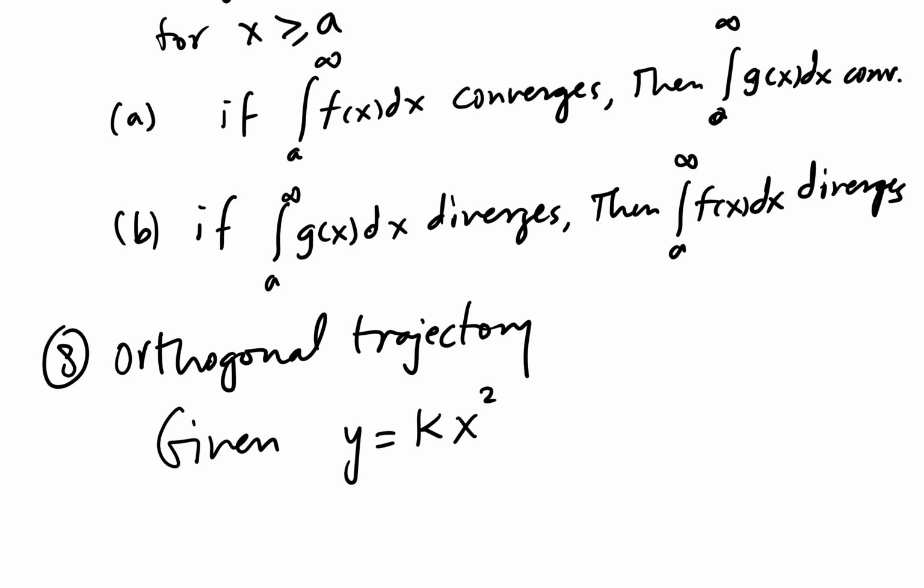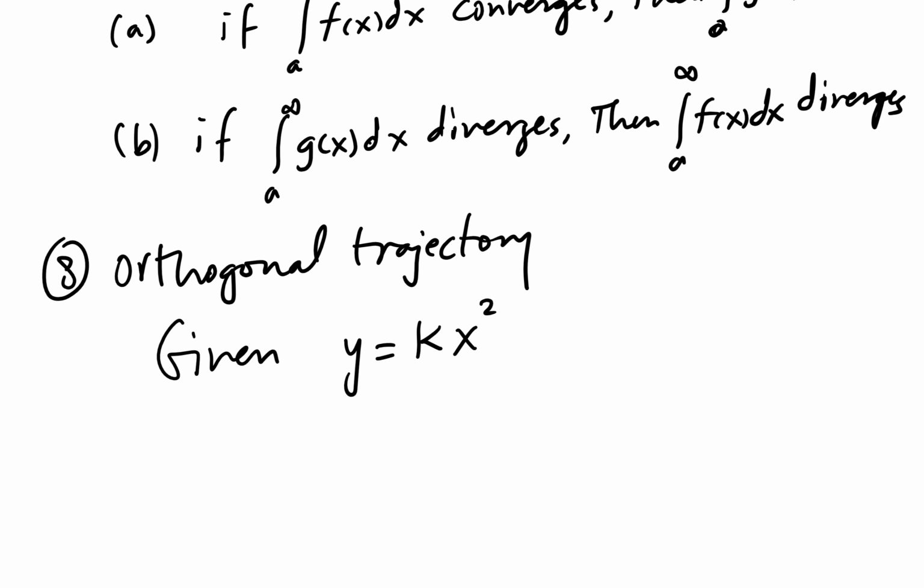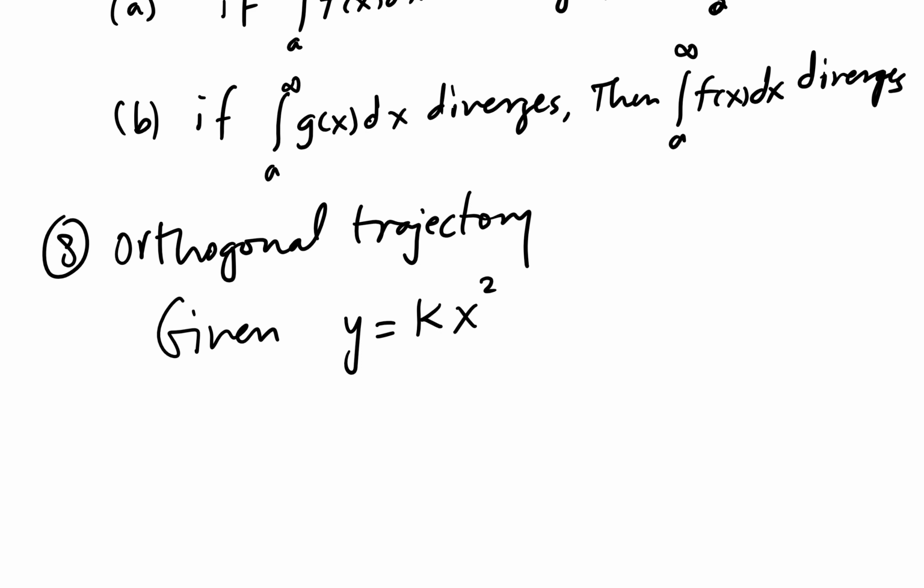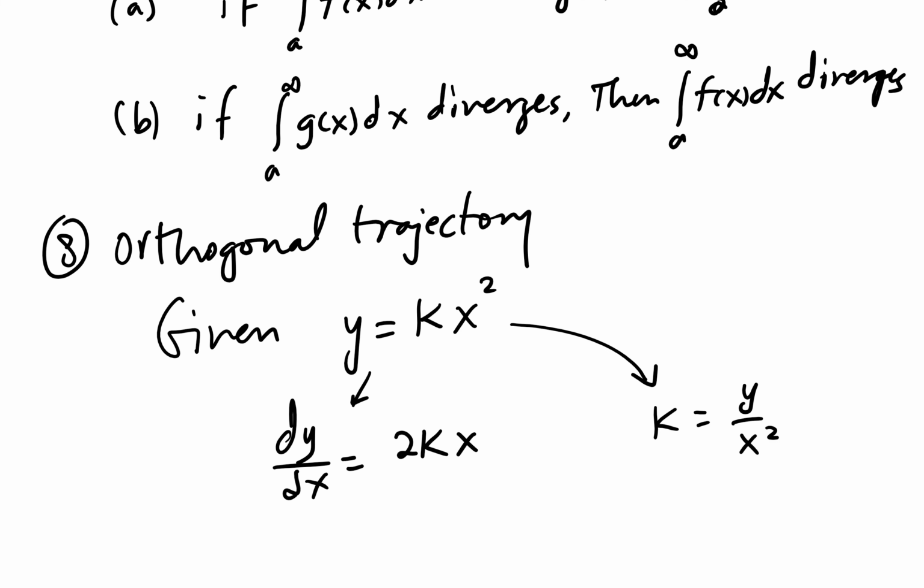They want you to find the orthogonal trajectory of the family of curves, where k here is any constant. The way things work is, first you differentiate both sides with respect to x. So you get dy dx equals 2kx. And then from that one, you also want to solve for k and substitute it in there.